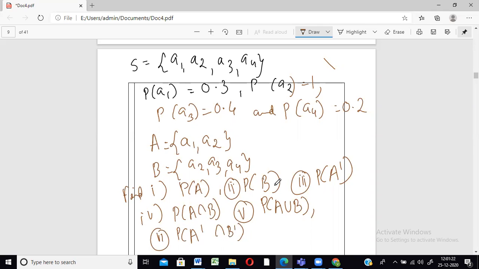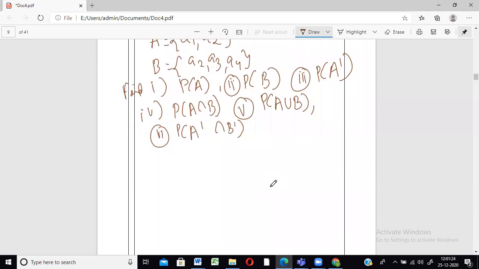And also you have to check whether A and B are mutually exclusive. Okay, so these are the few things which you have to check.